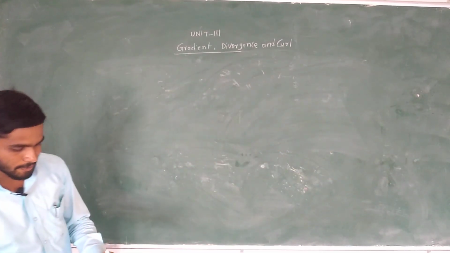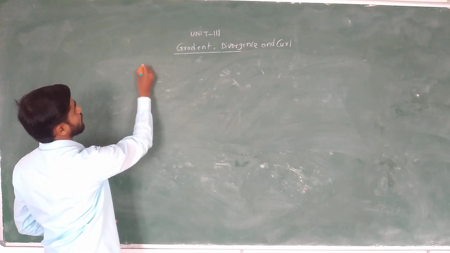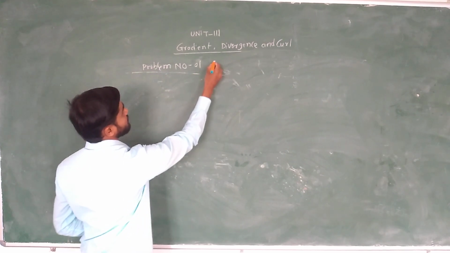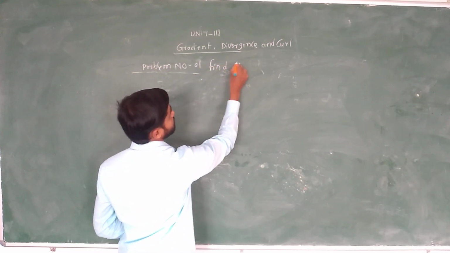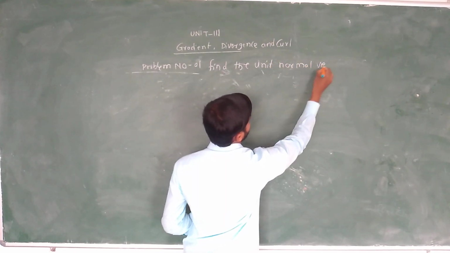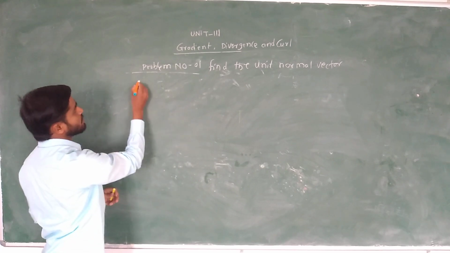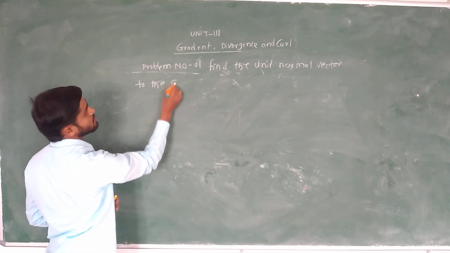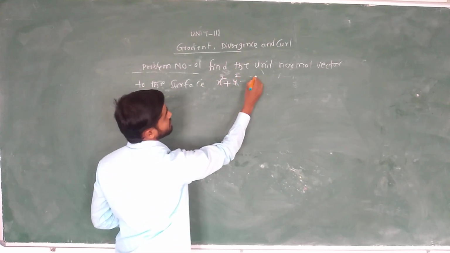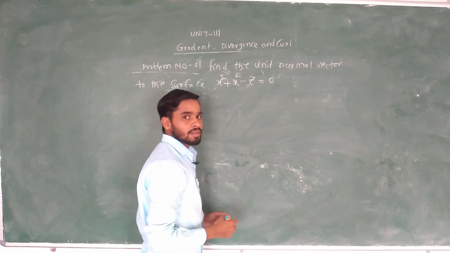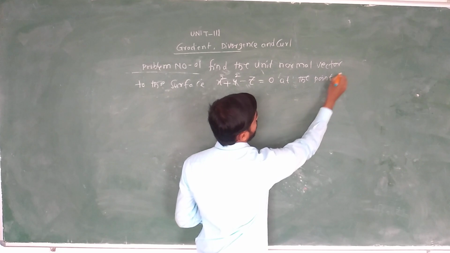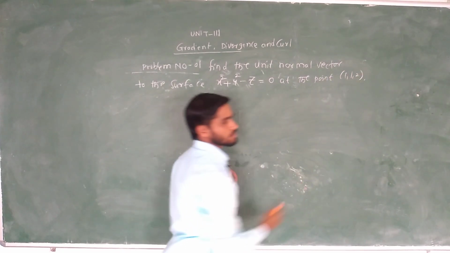Okay, problem number 1 for today's session. Find the unit normal vector to the surface x square plus y square minus z is equal to 0 at the point 1, 1, 2.